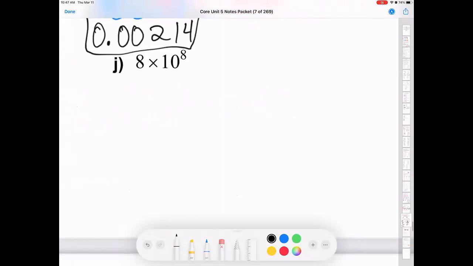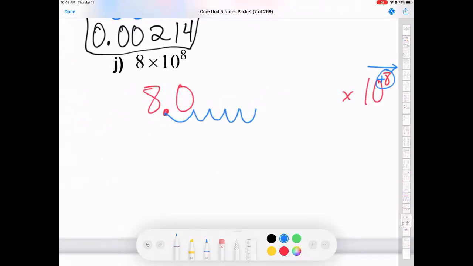And now for J. 8 is really the same as 8.0 times 10 to the 8th. Because that is a positive 8, we are moving to the right 8 decimal places. So 1, 2, 3, 4, 5, 6, 7, 8.